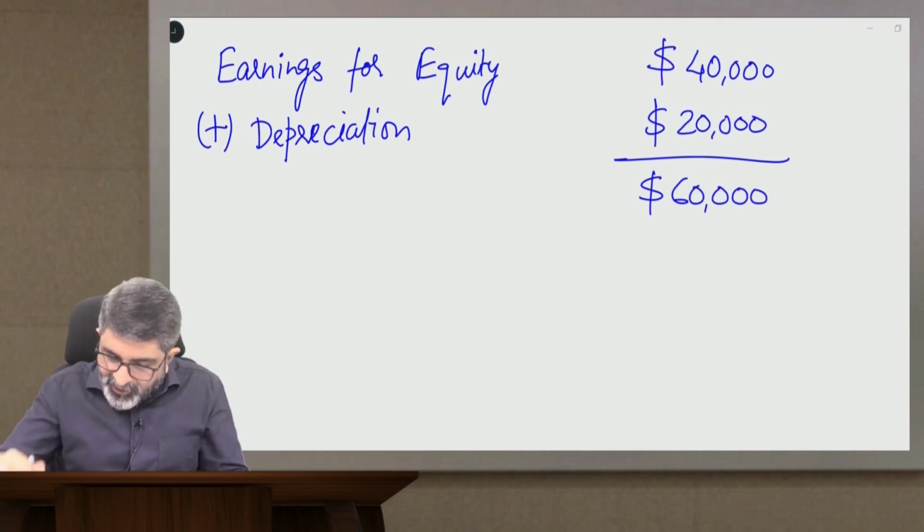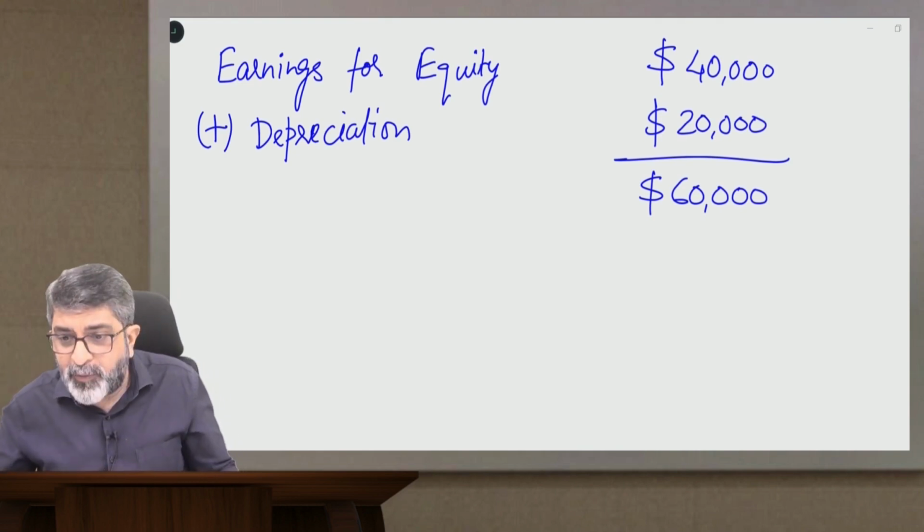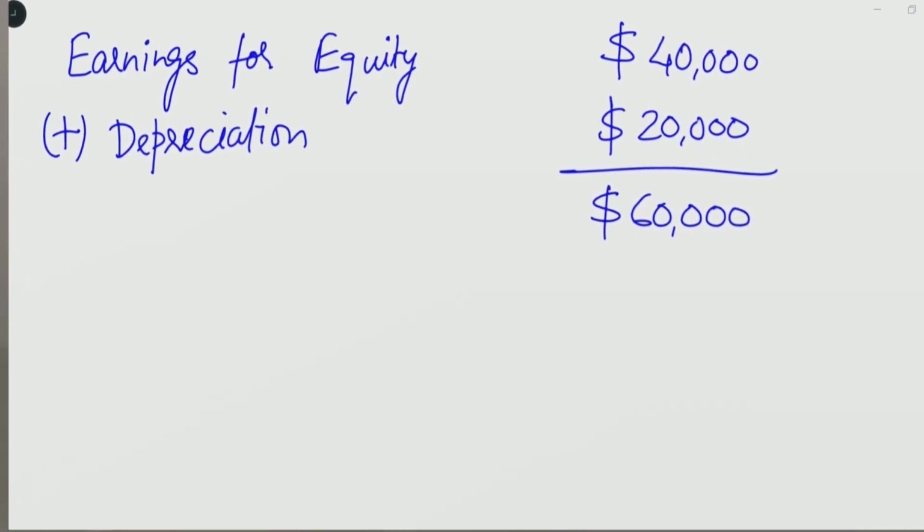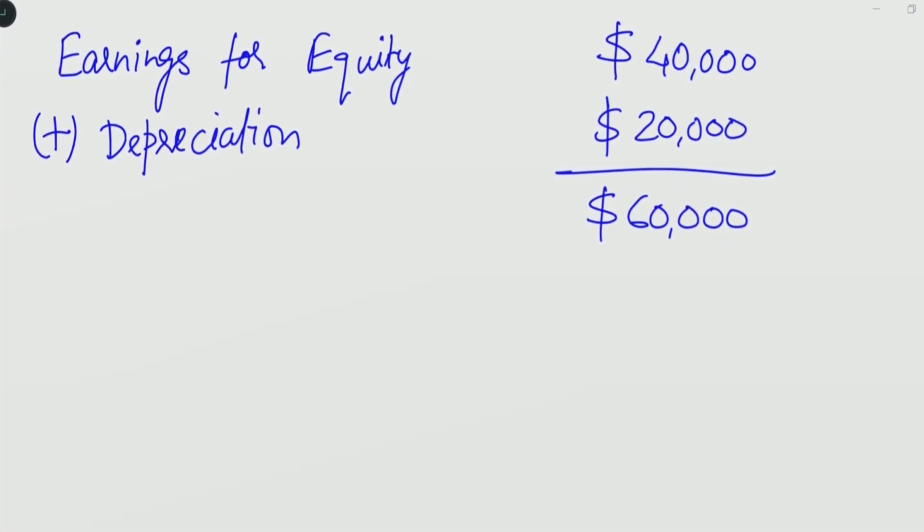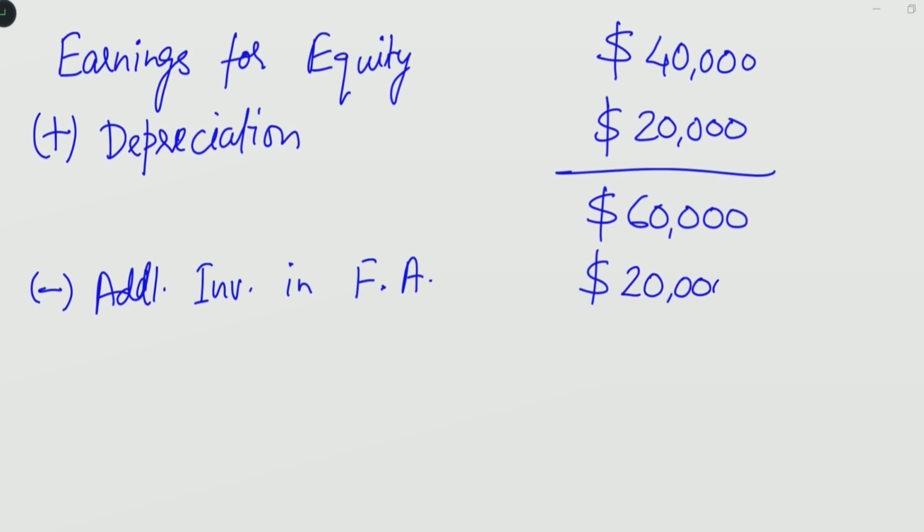Therefore, let us consider the additional facts over here. In this calculation, we would say less additional investment in fixed assets, say that is $20,000 and less additional working capital, that is say $10,000.